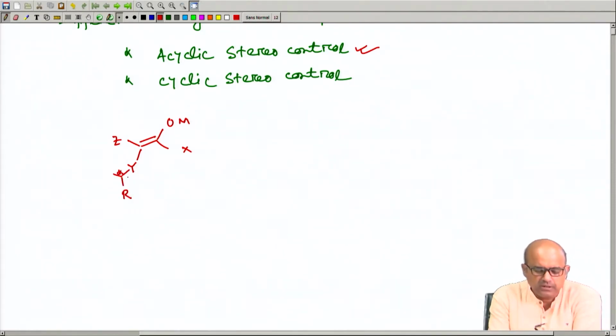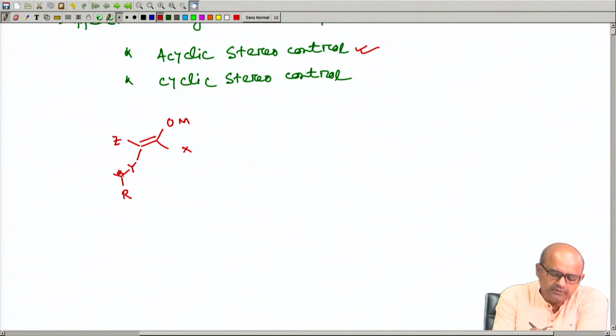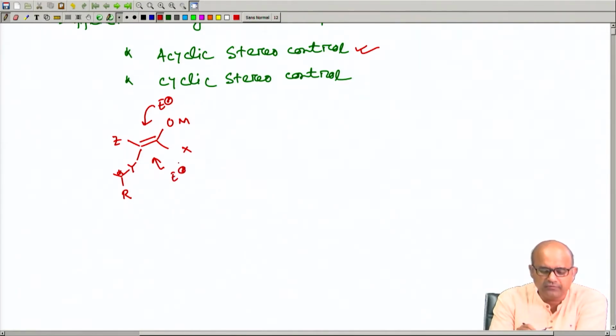Now, if you have a stereocenter here, it means that this stereocenter can direct how an incoming electrophile can approach the trigonal face of the pi enolate. So, this was mainly the main factor.